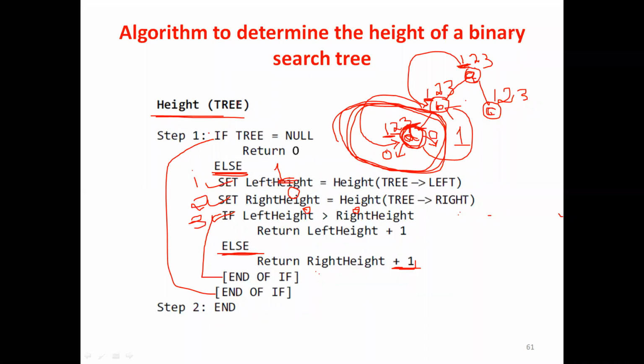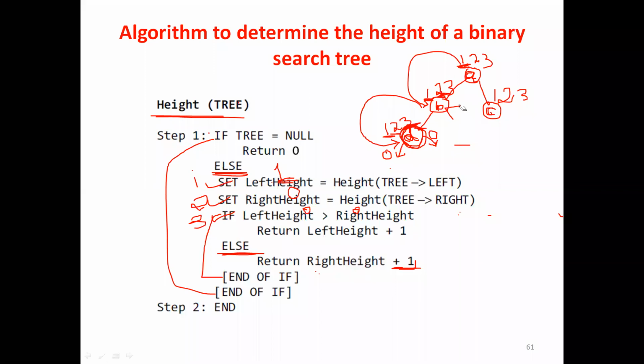Now, like that, I want to calculate the height of the right subtree of B. That's why we are moving to step 2. Now step 2 is executed. Let me erase other things also so it will be clear for you.